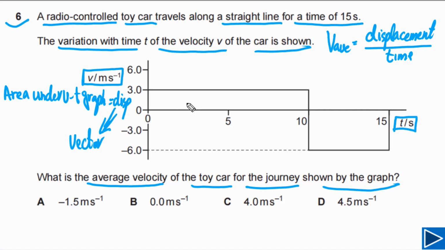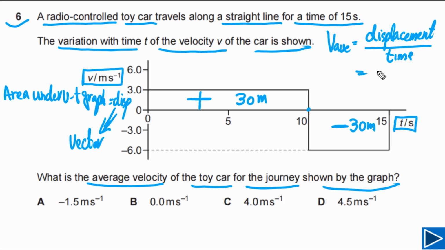If we look at this area from t0 to t10, this area is positive, so it means displacement is positive. This area is equal to 30 meters, meaning 3 times 10. If you look at this other area, this is negative, and in this case we have 6 times 5, which is equal to negative 30 meters.